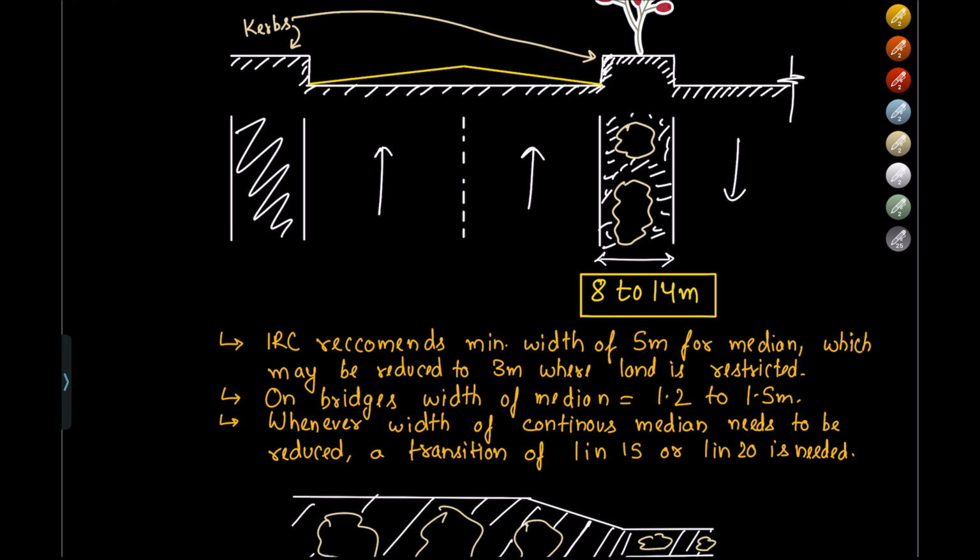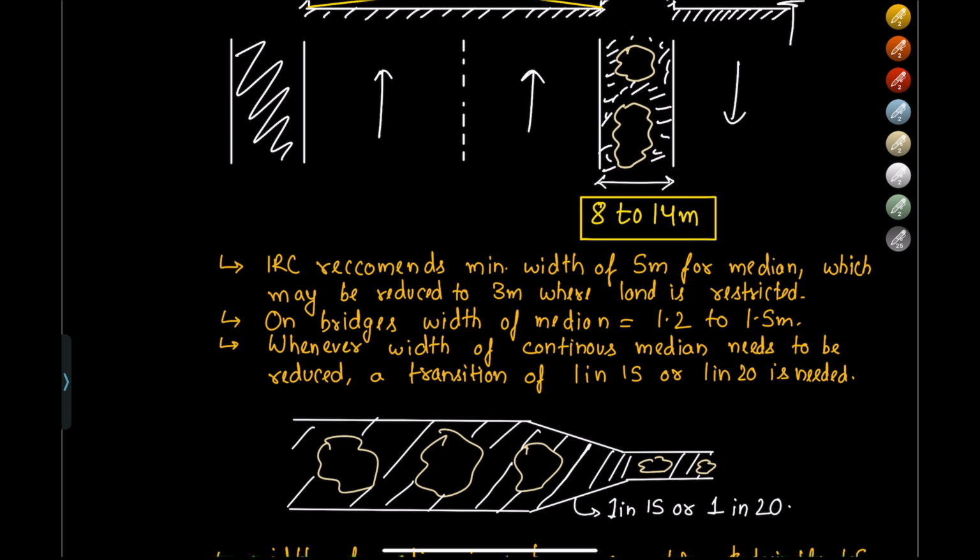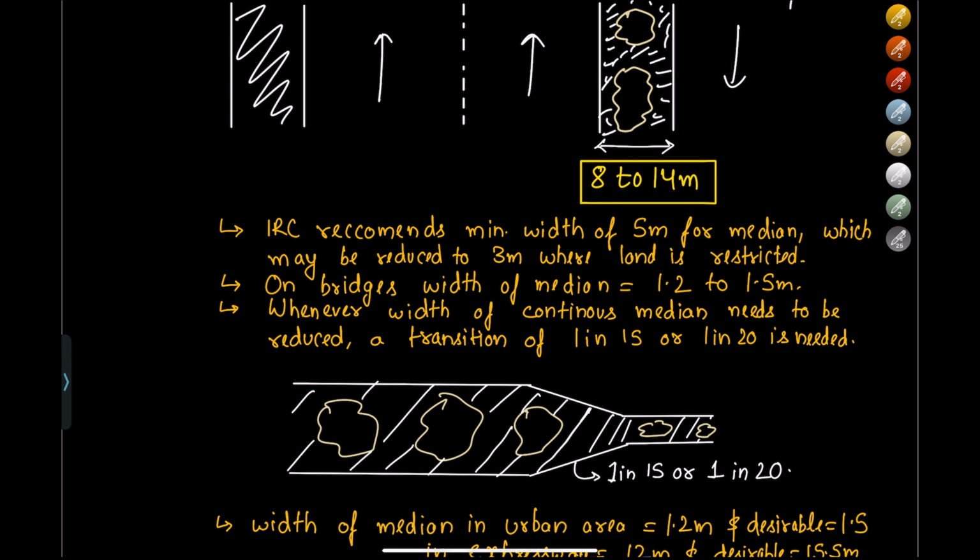But it can be limited to 3 meters whenever land is not available in the vicinity, or land acquisition is difficult, or due to some topographical restrictions, then we'll provide a 3 meter median.